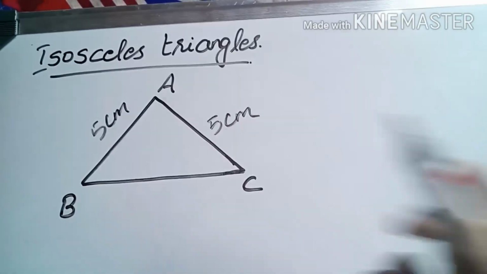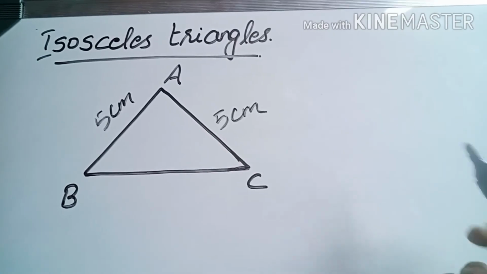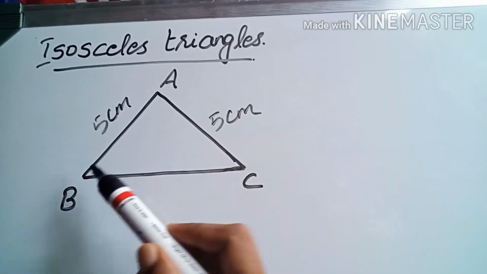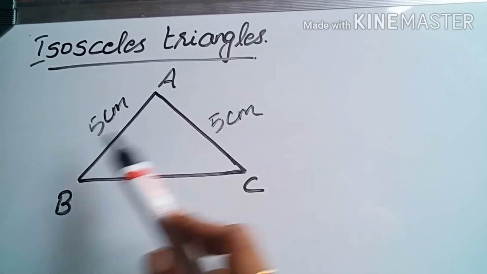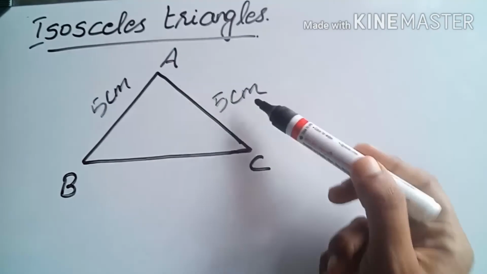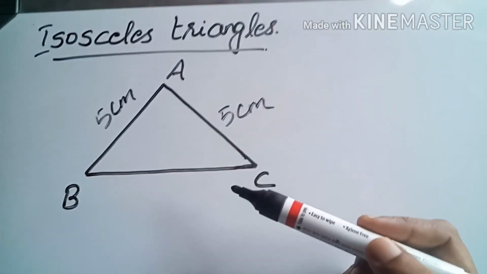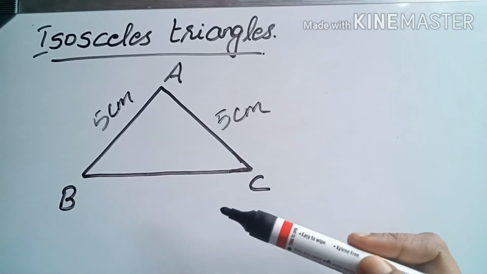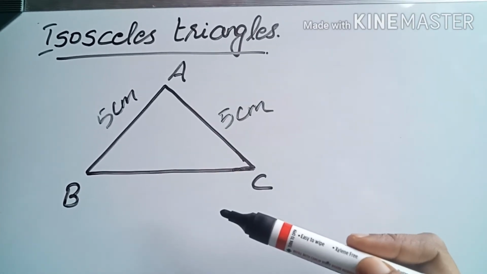Both the measurements are the same. Then we can say that this triangle is an isosceles triangle. It is not compulsory that these two sides must be equal. It can be these two or these two. If any two sides of a triangle are equal, then that triangle is an isosceles triangle.